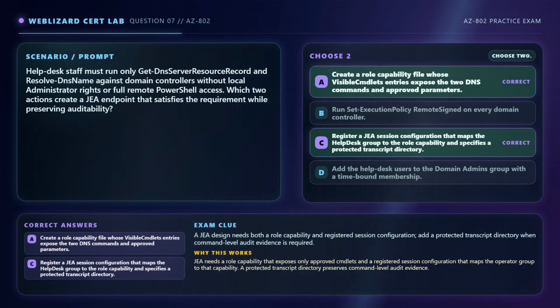JEA needs a role capability that exposes only approved cmdlets and a registered session configuration that maps the operator group to that capability. A protected transcript directory preserves command-level audit evidence. A JEA design needs both a role capability and a registered session configuration. Add a protected transcript directory when command-level audit evidence is required.